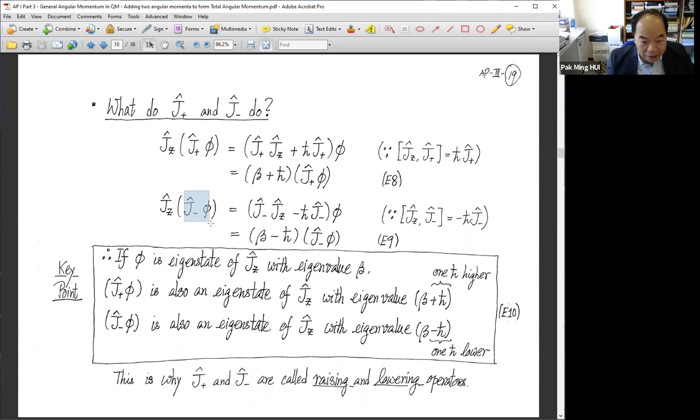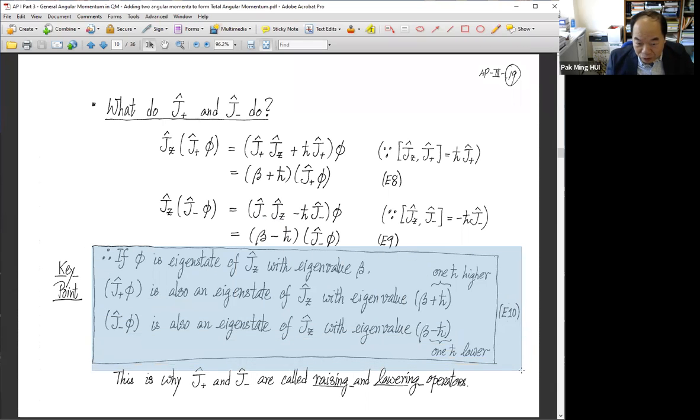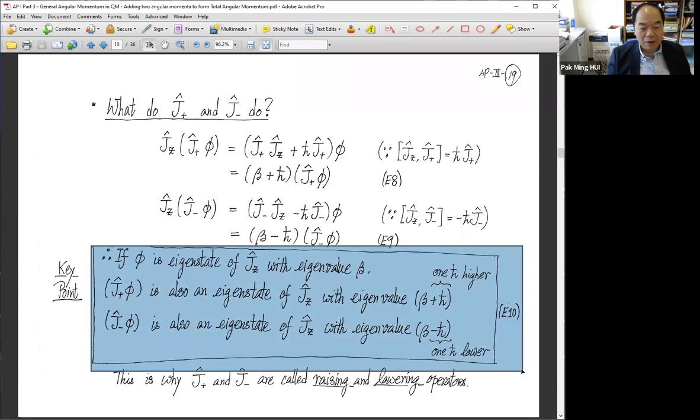Similarly, we can answer what J minus does. It will take a state of eigenvalue beta of Jz to one h bar lower. Okay? So in summary, J plus and J minus do something as summarized in this box.